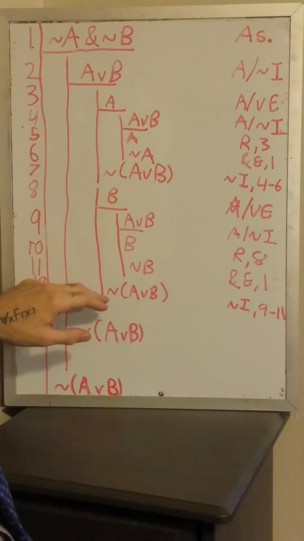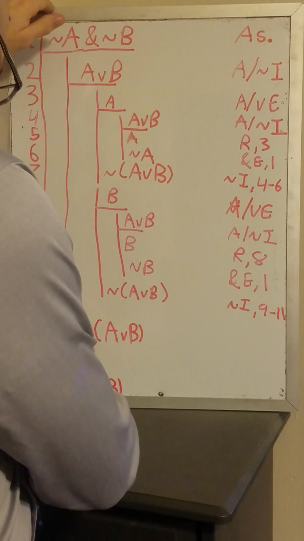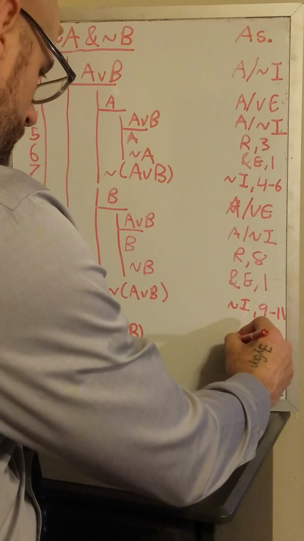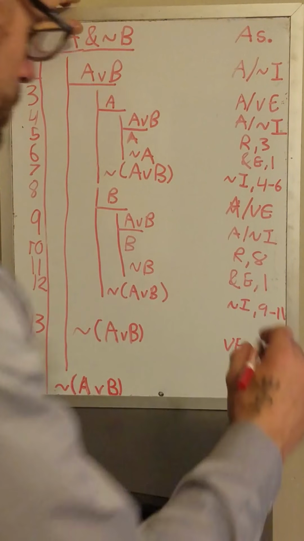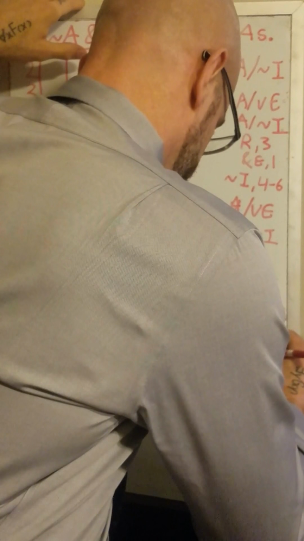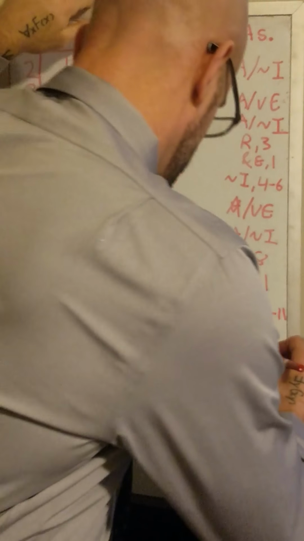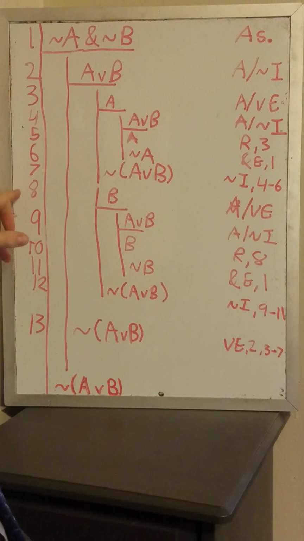And if B is the case, then not A or B follows. Therefore, not A or B. Based on disjunction elimination, line 2, the line of the original disjunction, lines 3 through 7, and lines 8 through 12.